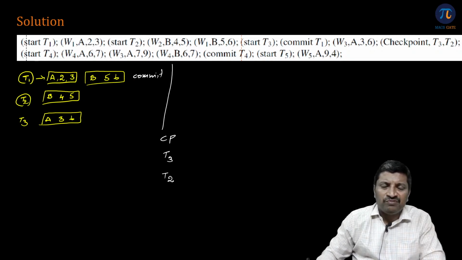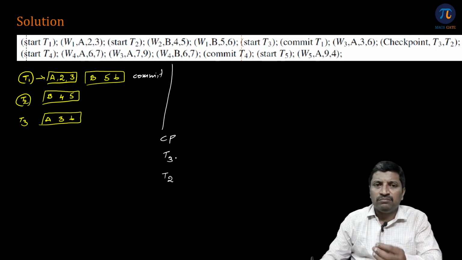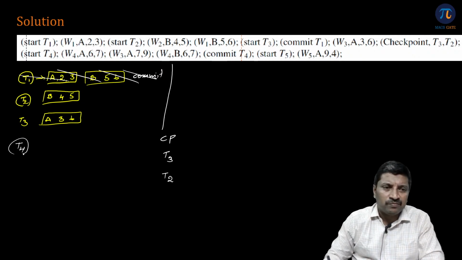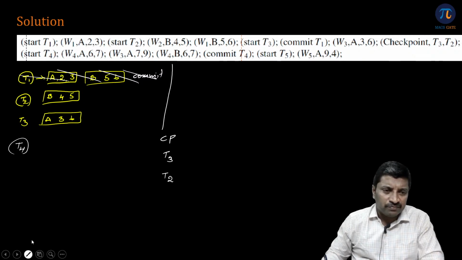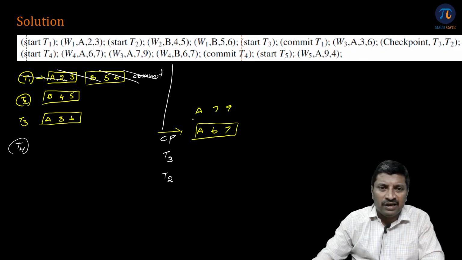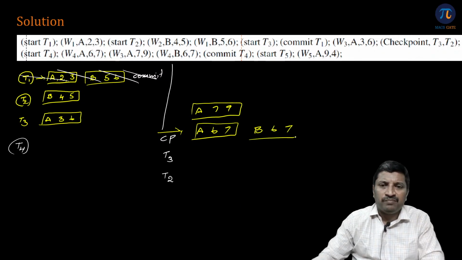Sir, please observe it. Whether you redo or undo, you don't consider T1 because it was successfully done before the checkpoint. Now T4 started, sir. What is the first operation of T4? A 6 to 7. Then T3 has A 7 to 9. For T4 you have again B 6 to 7.